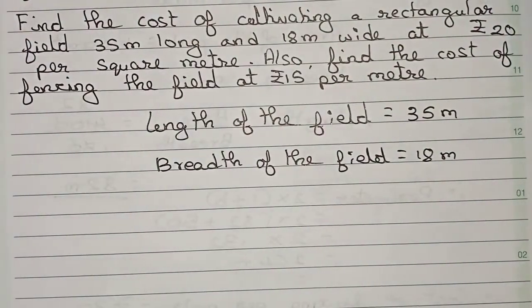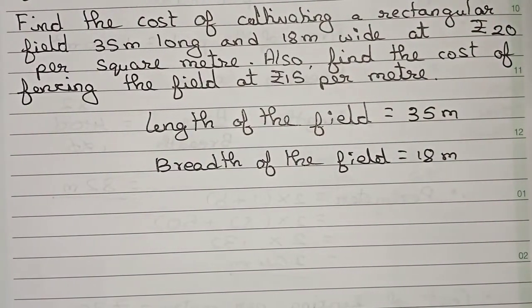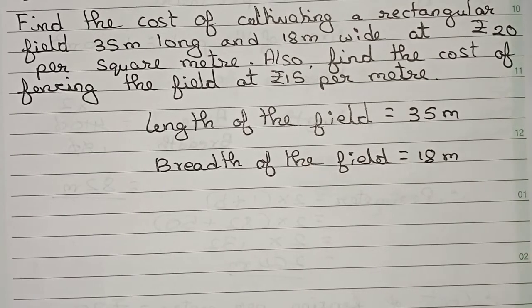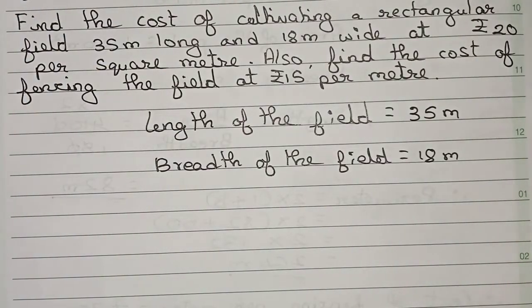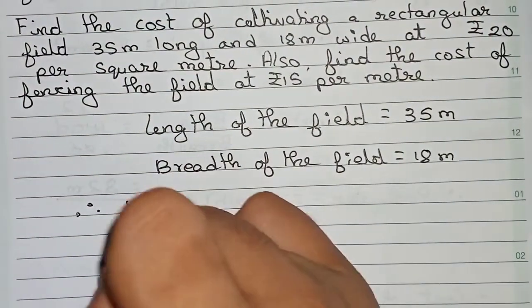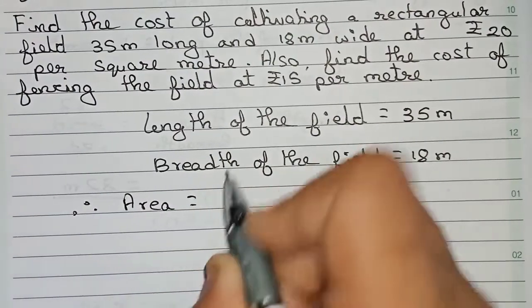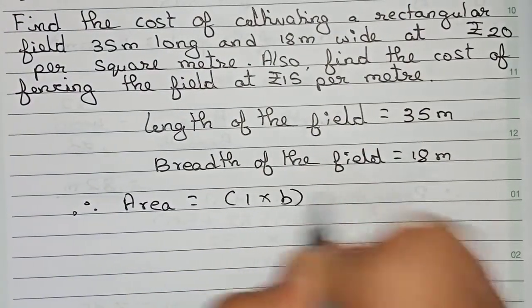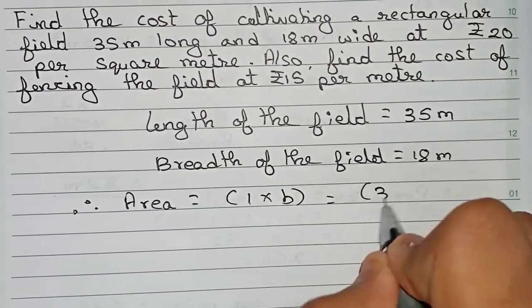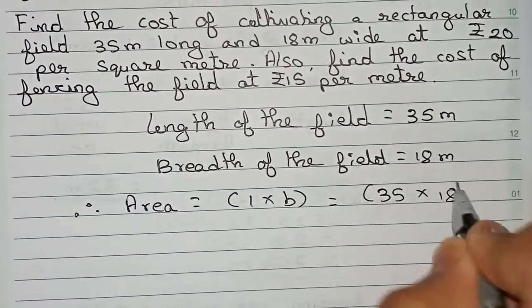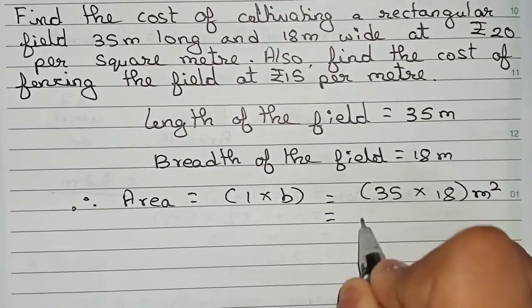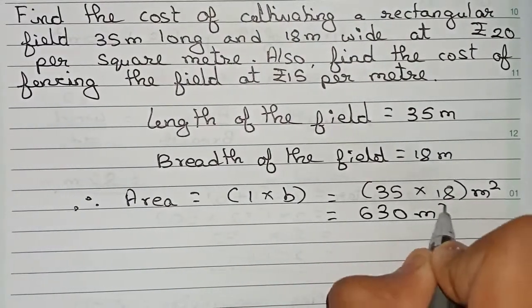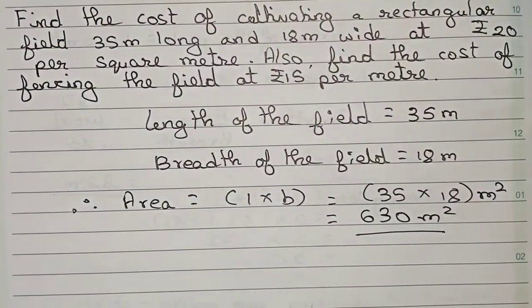First, in the question it is given to find the cost of cultivating the field. To find the cultivating cost, we have to first find the area of the field, as cultivating is done in the area. So write area equals, the area's formula will be length into breadth. Length is 35 meter into 18 meter, which will be equal to 630 meter square. So this is the area of the field.